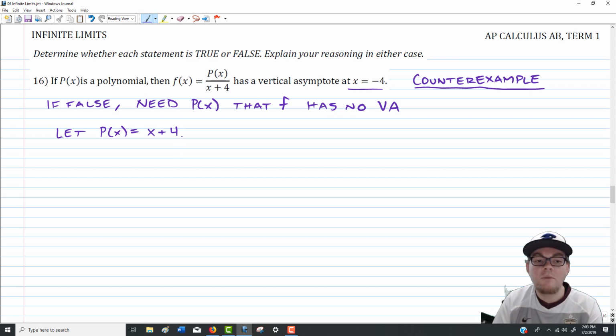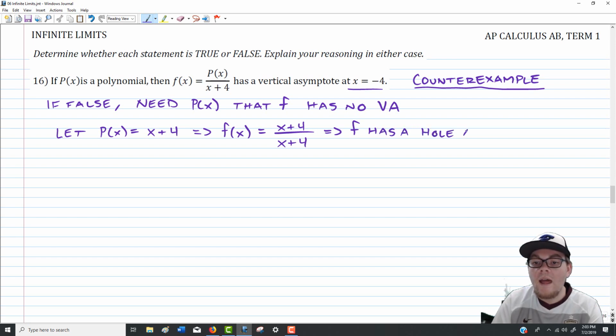If p of x equals x plus 4, then f of x is equal to x plus 4 over x plus 4, which implies f has a hole at x equals -4. And if there's a hole, that means there's not a vertical asymptote, and that's a really amazing thing because it means that the statement is false.